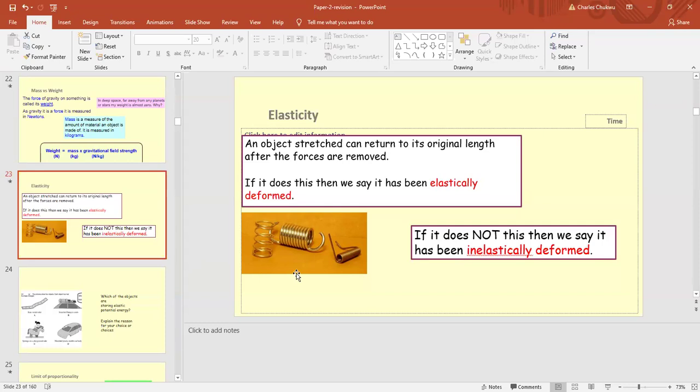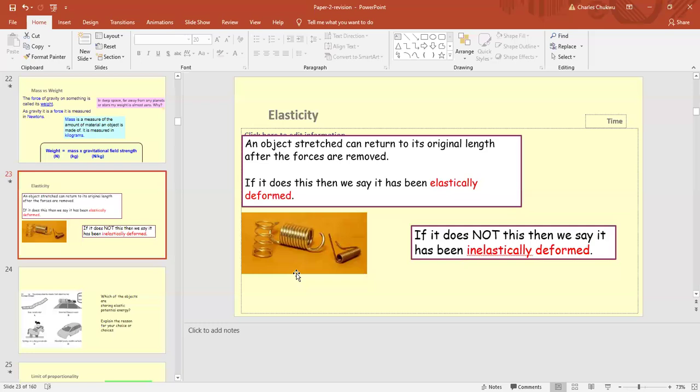Okay, so let's see, this is elasticity, the one that had to do with the spring. Remember, I think this was one of those questions that said, when is a spring elastically deformed?